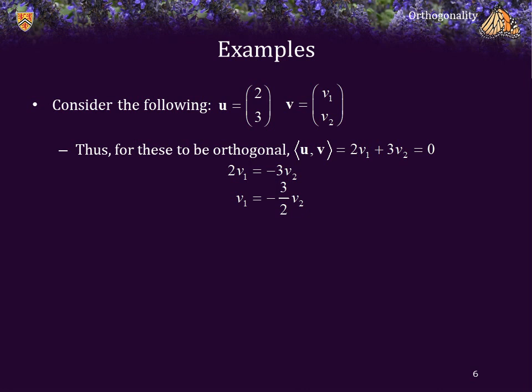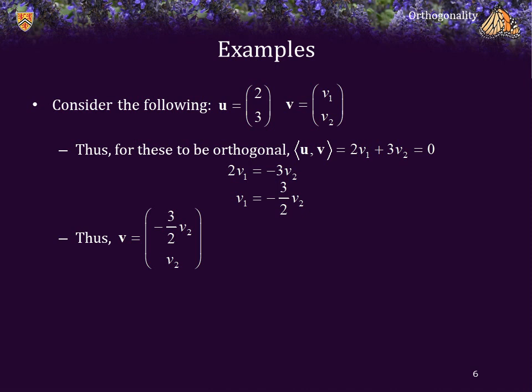Thus, if the vector v is going to be orthogonal to u, then v must be of the form as we see here. Whatever value v2 is, be it 1, 10, 15, or negative 25, the first entry of the vector must be negative 3 halves times that value.